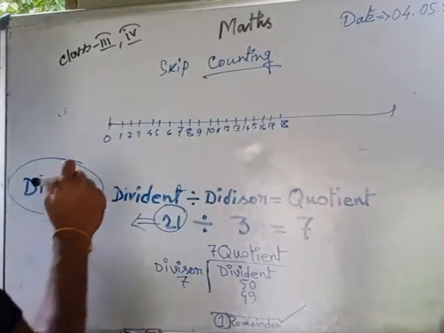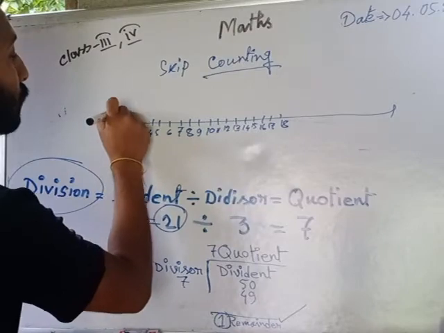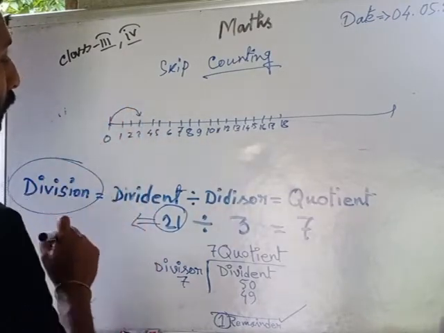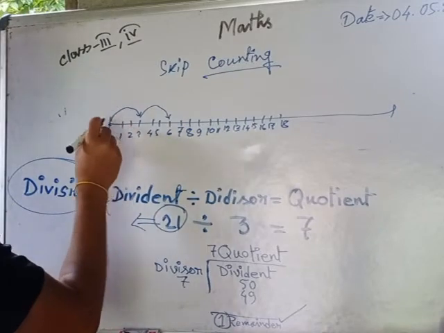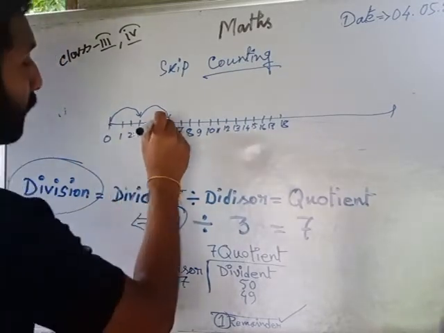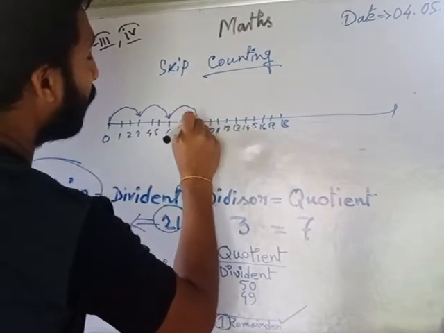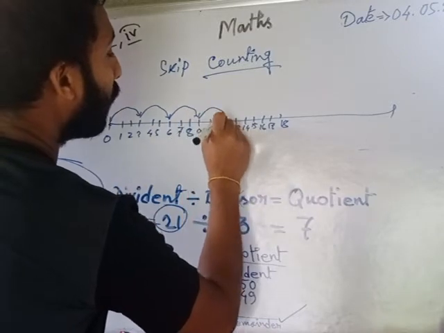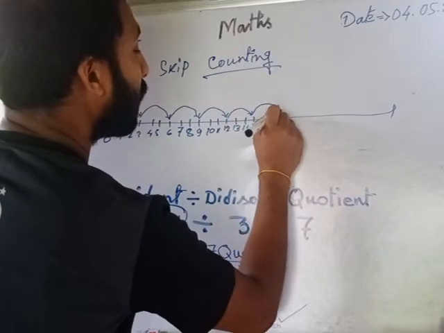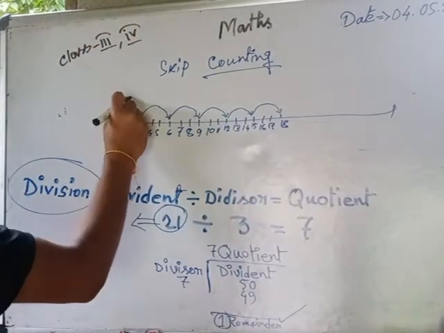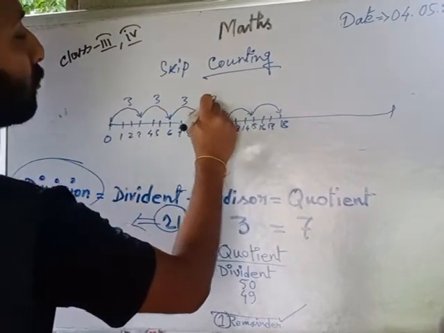When it is the time of skip counting, we count by skip, not serially. We count by skip or jump, each and every time it is 3.